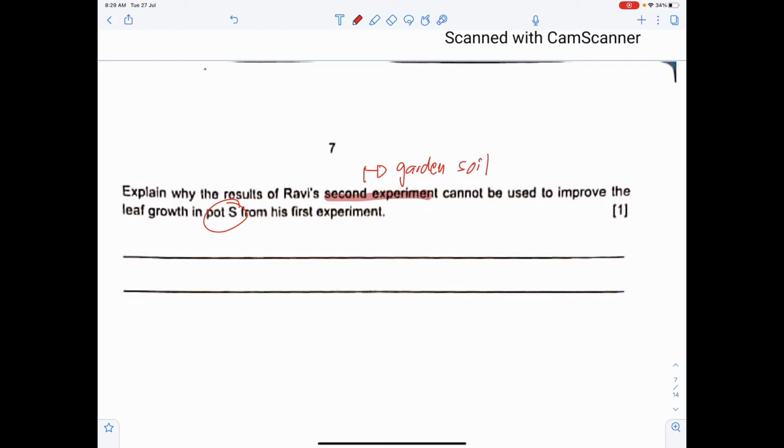Different types of soil were used in experiment 1 and 2. Because of that, it's an unfair comparison. Alright, moving on.